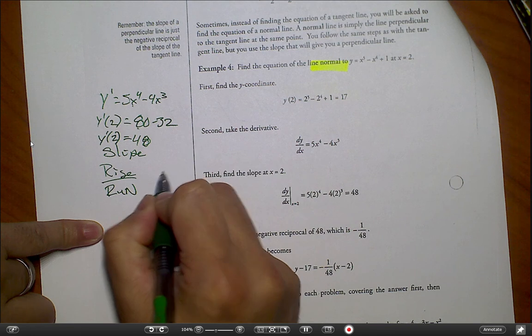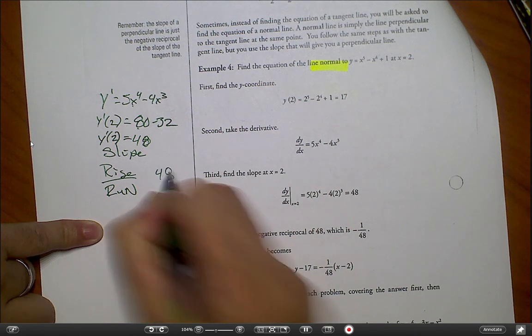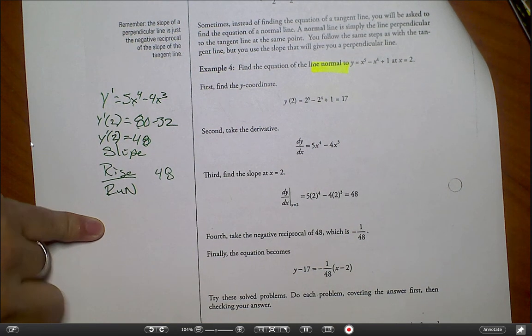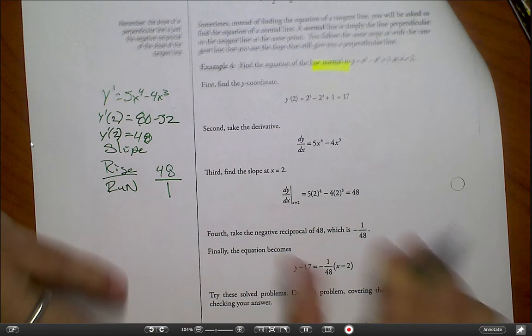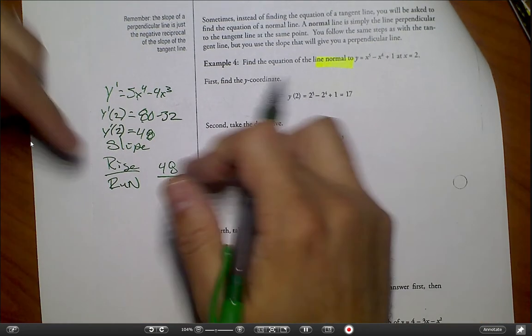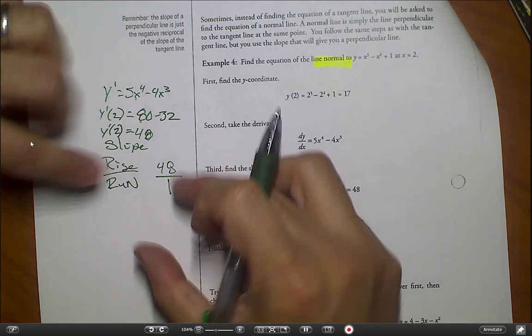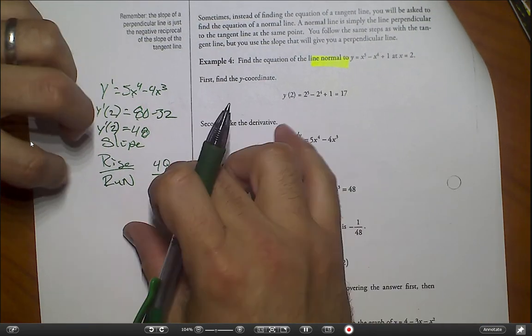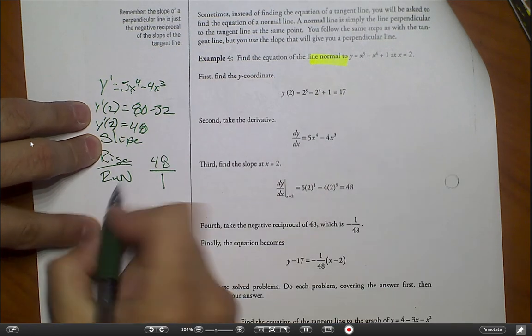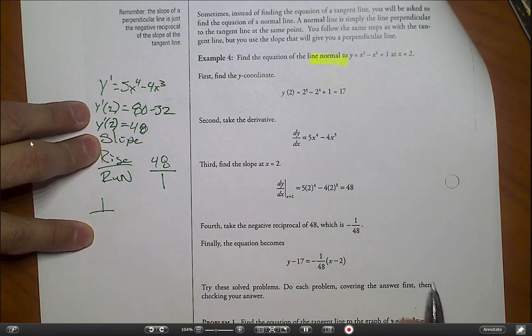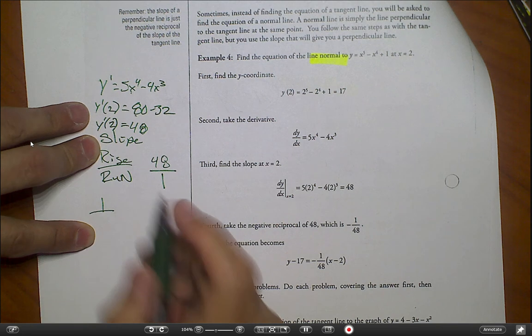But since I have the number 48, my rise is 48, but my run is 1, right? So my rise is 48, my run is 1, but now I need to find perpendicular to that. So the normal is perpendicular. So don't forget, symbol for perpendicular is a little upside down T, and it's always going to be opposite reciprocal.